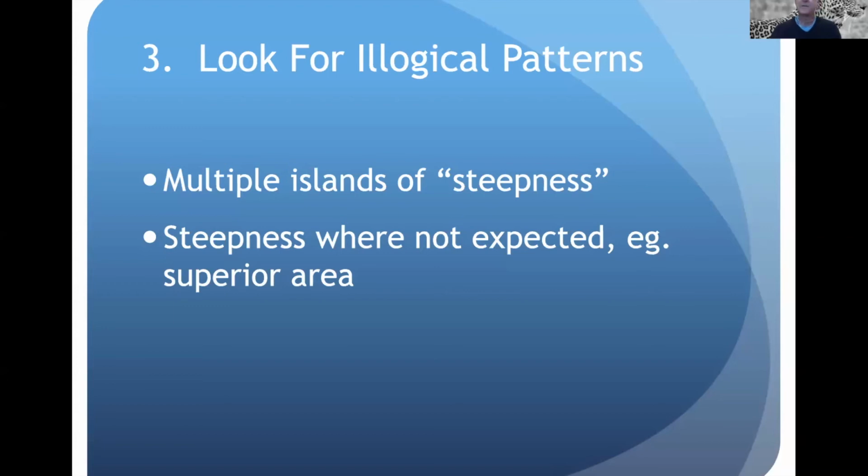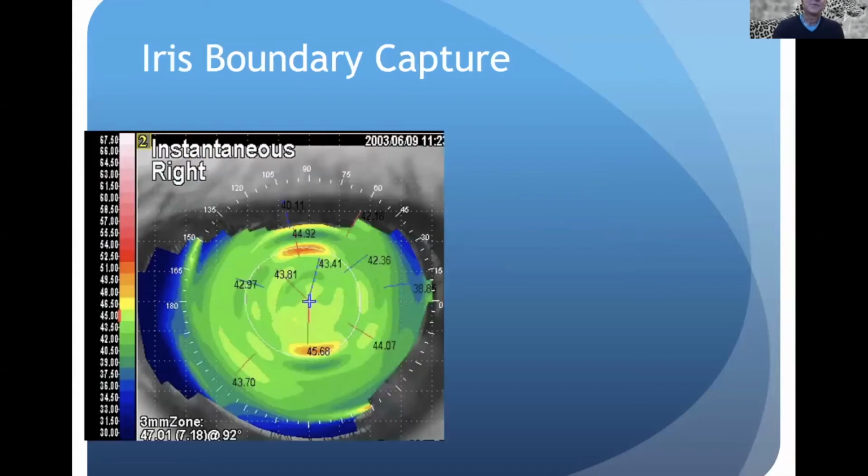I think it's possible to have superior keratoconus. I think it's probably as rare as hen's teeth, but nonetheless, it is possible. But if you do see a steepening of the superior cornea, you should wonder. At least don't take it for granted that you're dealing with superior keratoconus.